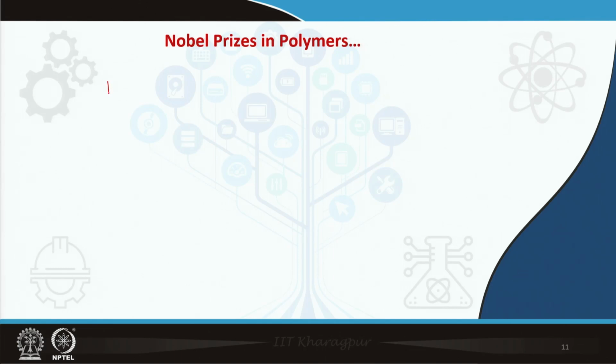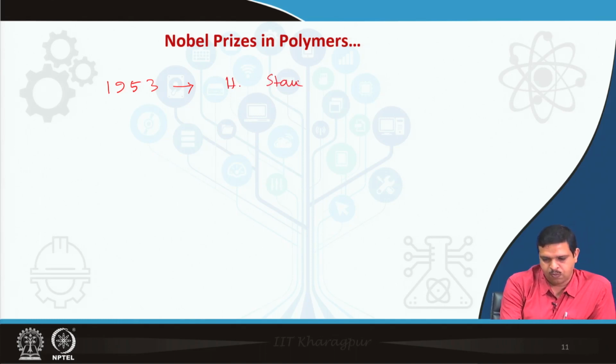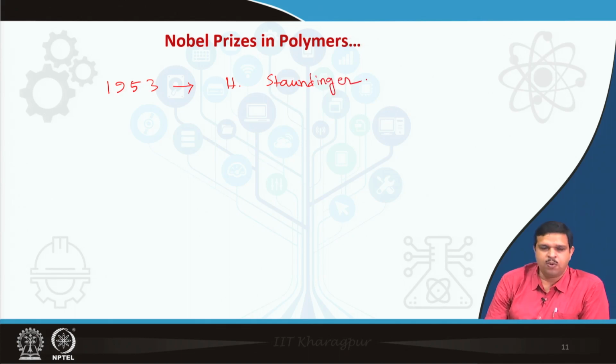In 1953, the first Nobel Prize in polymer chemistry, that is by H. Staudinger, who proposed the polymer macromolecular hypothesis.